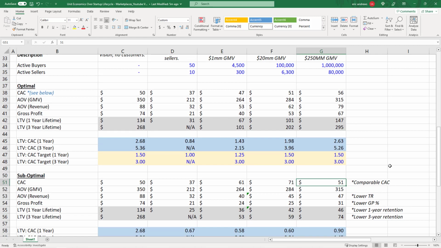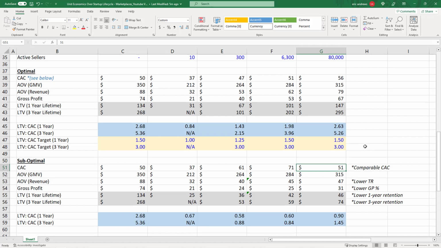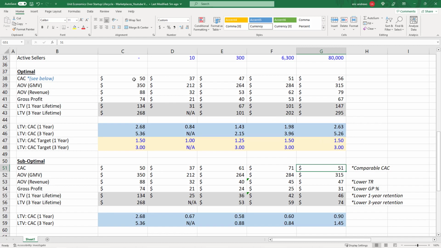So by the time that this business is fairly large, CAC goes down a little bit. Maybe they're experiencing some network effects. So you can see here the CACs are actually pretty similar. So the marketing funnels of these two businesses are both functioning well. The issue is you start getting into the revenue, so the monetization of the customers is worse in this scenario.